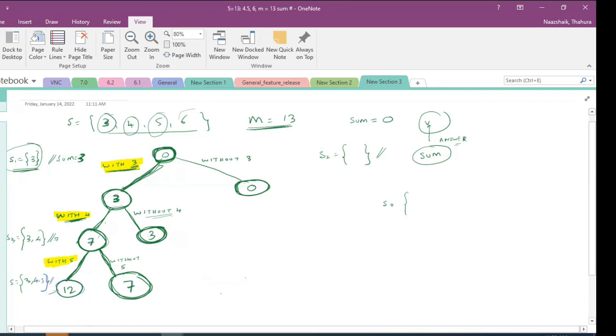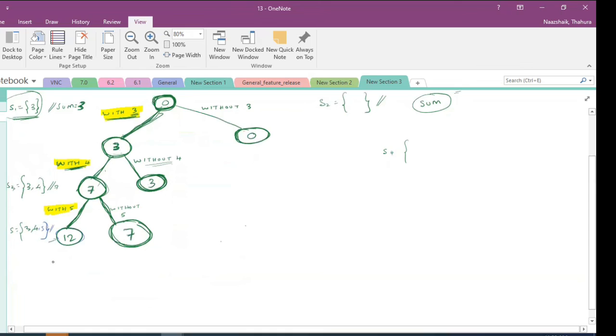Okay, so let us explore the last choice. What do you have? 6. So we can explore 2 choices: with 6 and without 6.